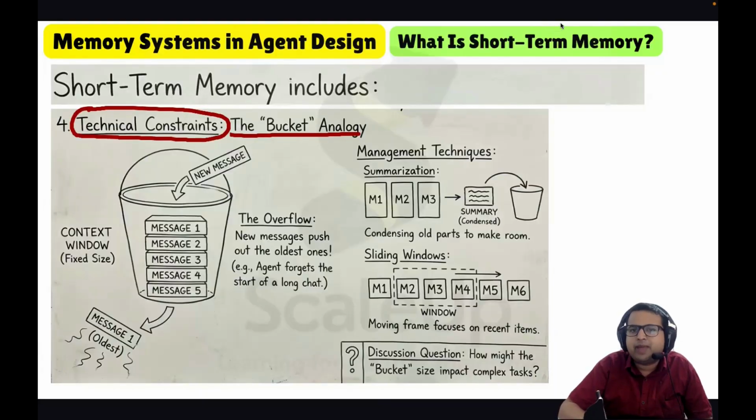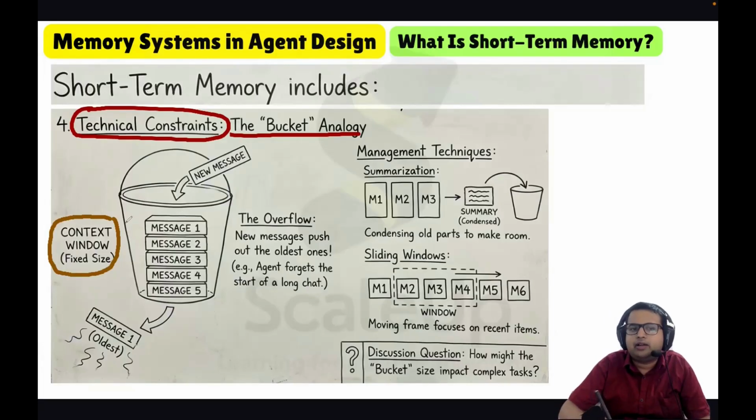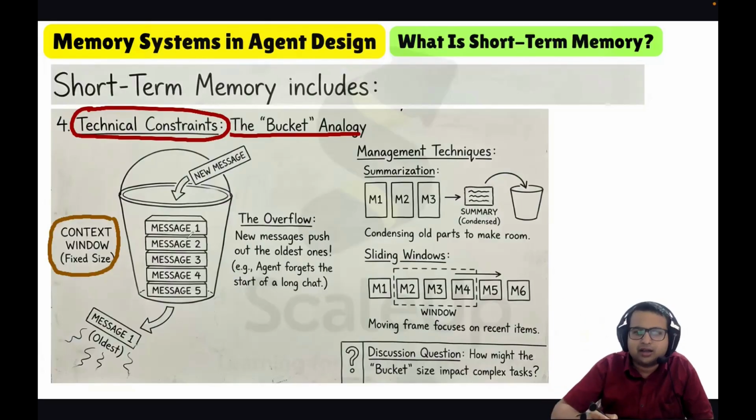You have to imagine short-term memory as a bucket of fixed size. So here we have a bucket of fixed size, as you can see. Now this bucket of fixed size is acting like a context window, because in this bucket we can fill the messages. As we keep on pouring, overflow might occur.